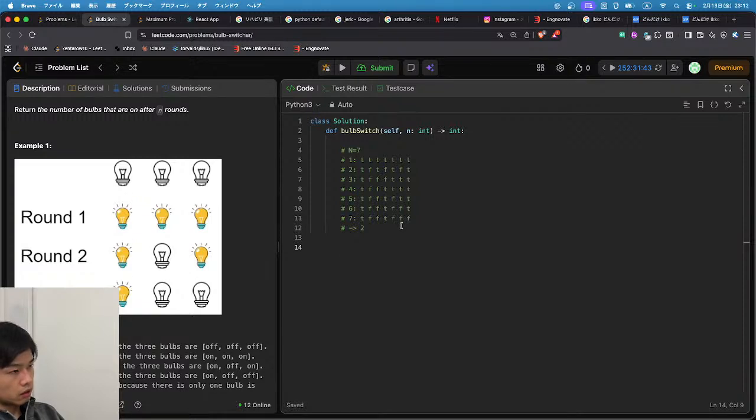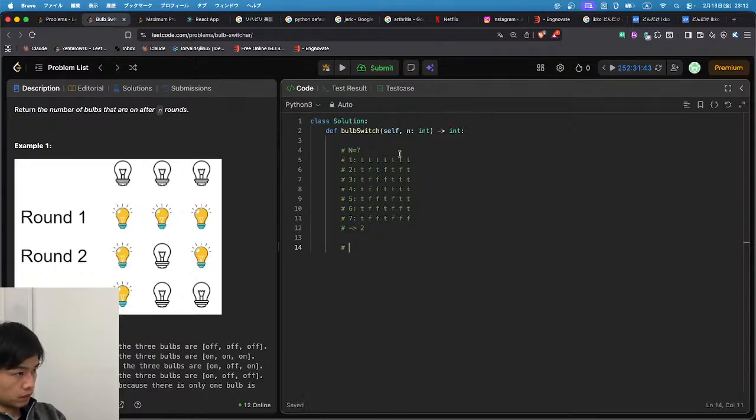So I think this is factor. I don't know how to say it in English. Factor, number of factors, maybe.